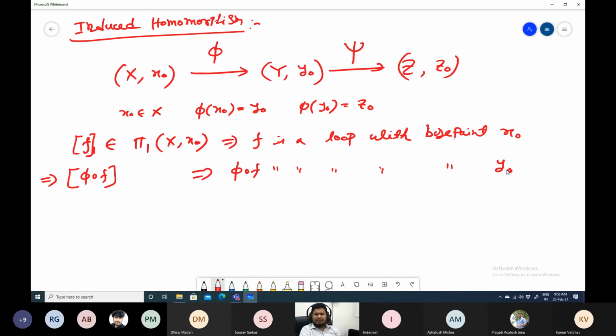Is that clear? That is simple, right? And similarly, you can write that psi composed with phi composed with f is a loop with base point z0. Is there any problem, or is it clear?